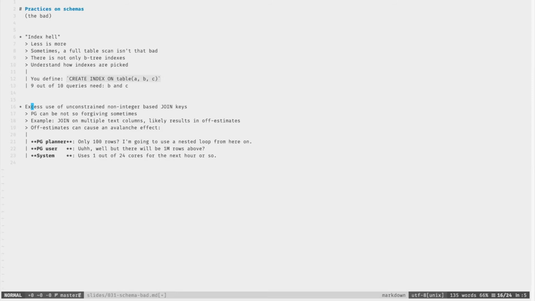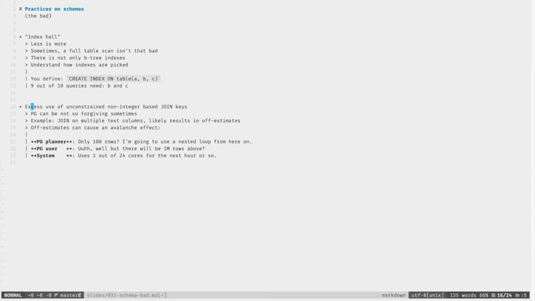Again, the excess use of unconstrained non-integer based join keys. And again, this example really happened. However, in that case, the person couldn't do much about it because this was very much UI driven. The end user could create a schema and it would be created automatically.